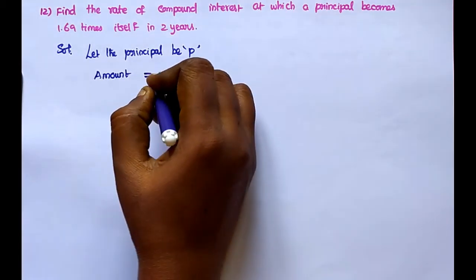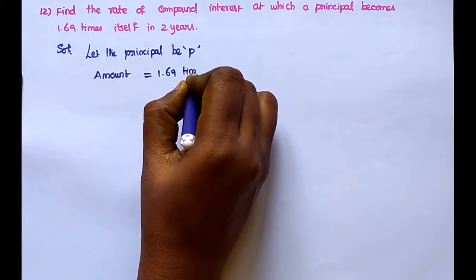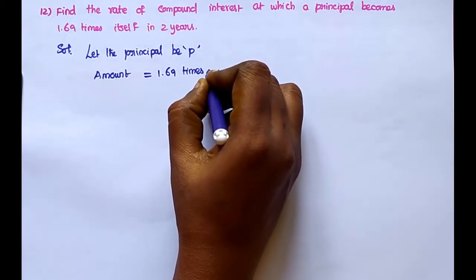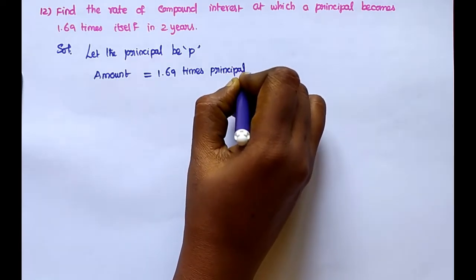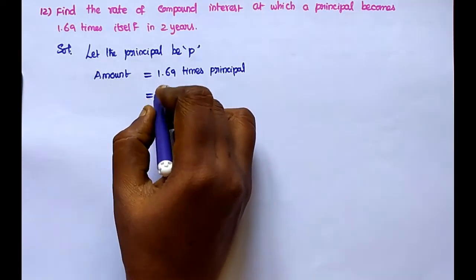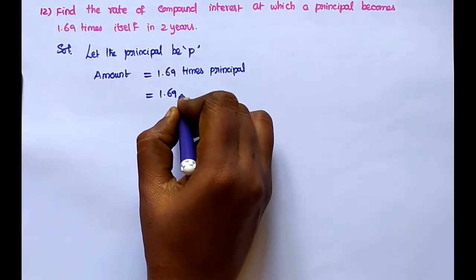Amount equal to 1.69 times itself, that is the principal. That means 1.69 P.